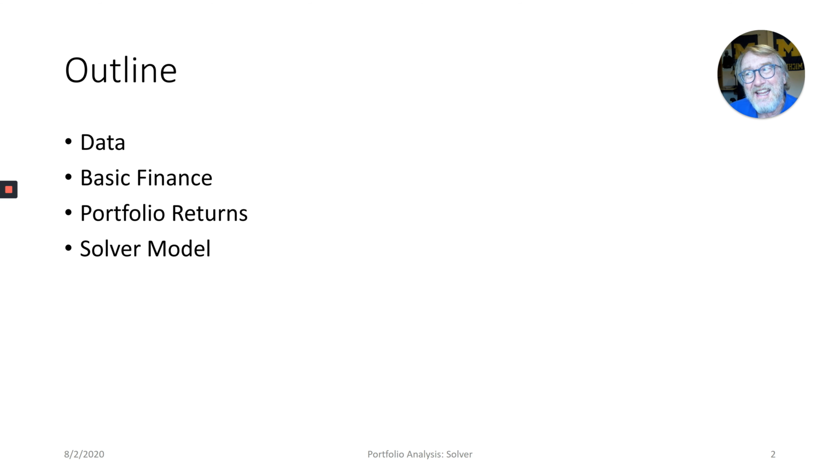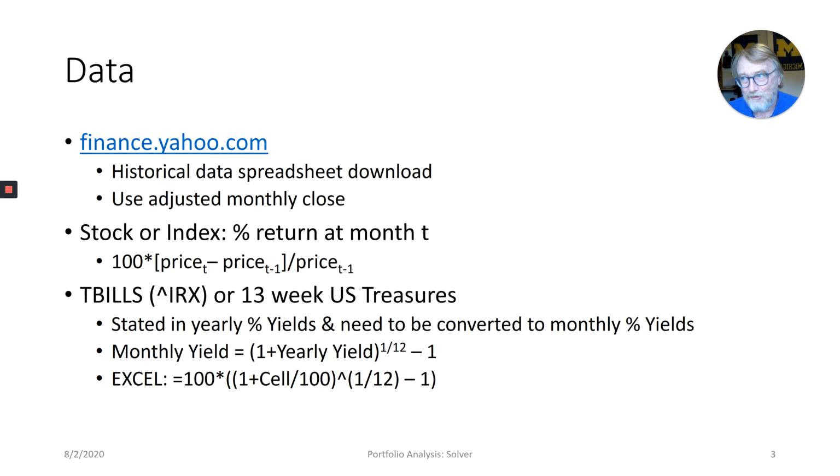And so look at the data. What's great about this is there's lots of sources for the data. We'll be looking at finance.yahoo, and you can download your data from there if you want to. A little bit about basic finance. Then we'll look at the portfolio returns and then take a look at the model in Solver.